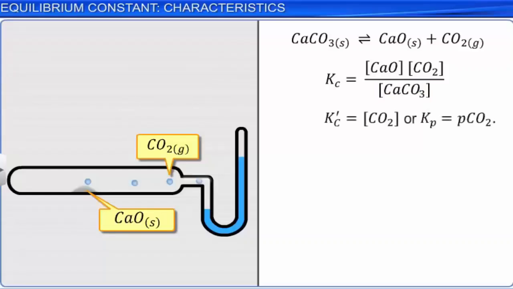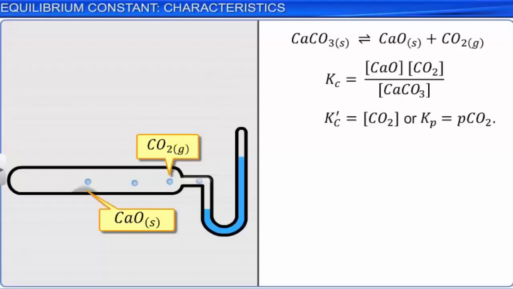Since calcium carbonate and calcium oxide are solids, their concentrations remain constant, and hence their concentration terms in the expression for the equilibrium constant can be ignored.